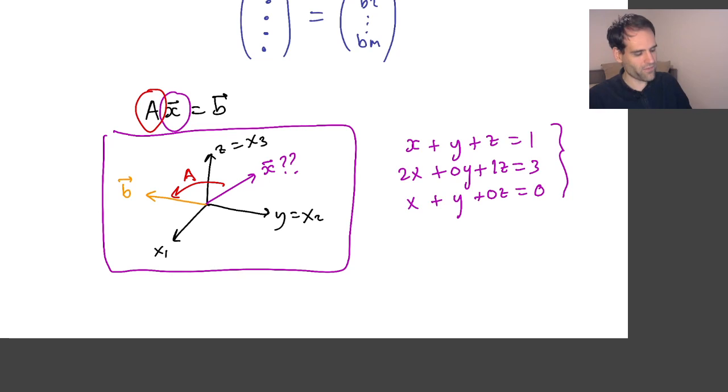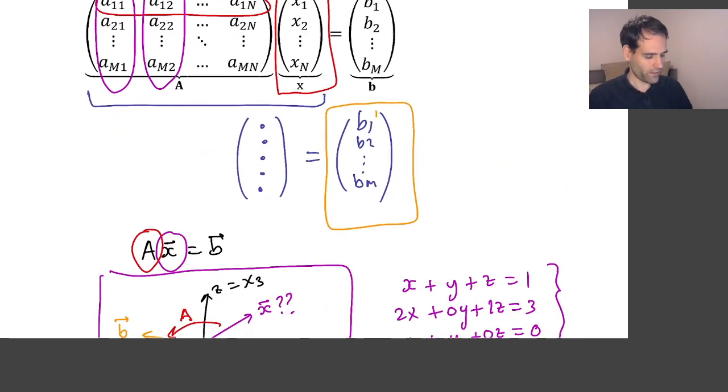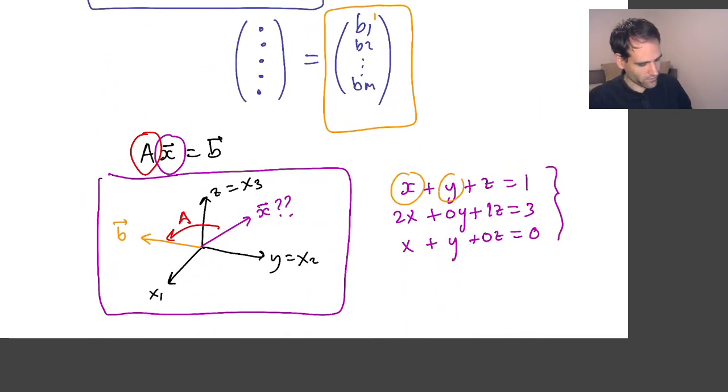This is a system of three variables and three equations, three unknowns and three equations. That's why we can picture it as three-dimensional vectors being converted into other three-dimensional vectors. The number of equations is the dimension of vector b, and the number of variables is the dimension of vector x, which is 3 in this example.